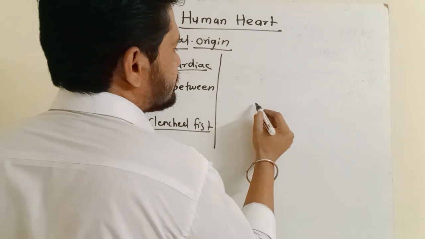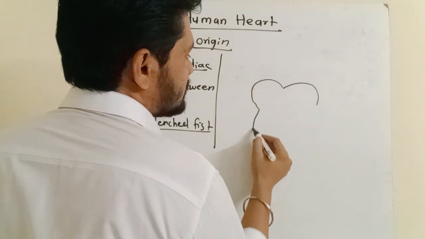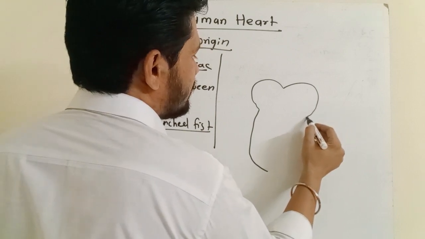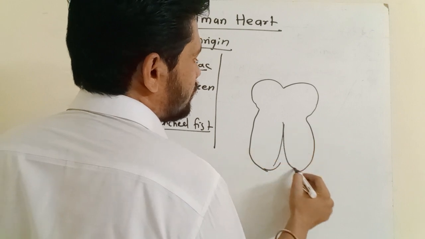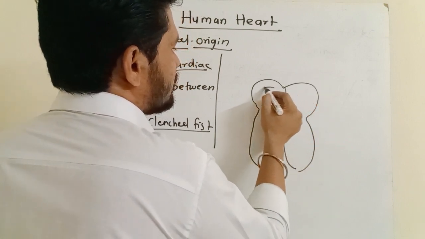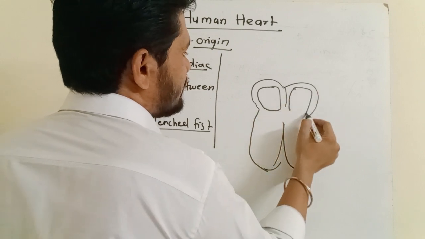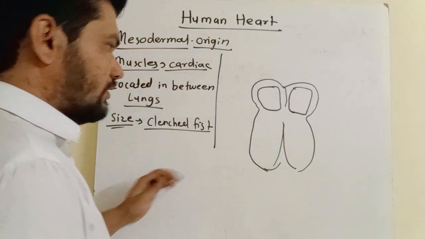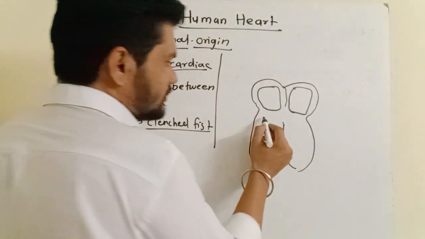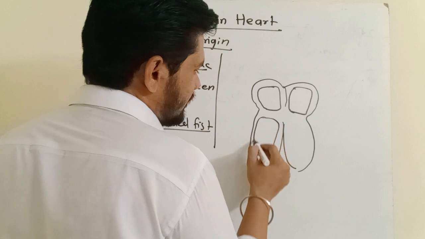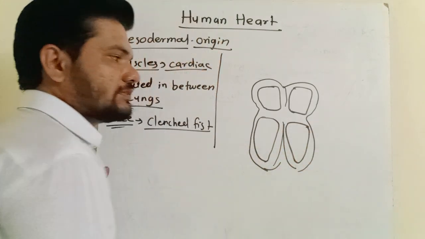Your heart has mainly four chambers. Okay, so here I am drawing. Your heart has four chambers. The chambers present above, the upper side of the heart, are called atria, and the chambers which are present below the atria are called ventricles.